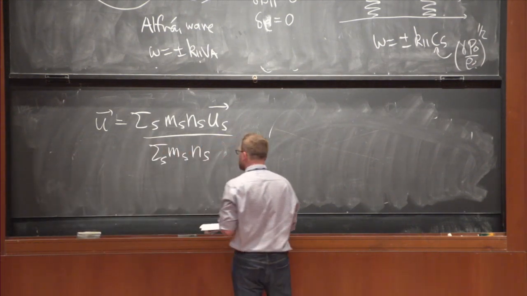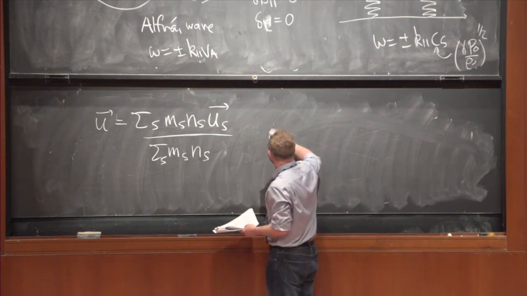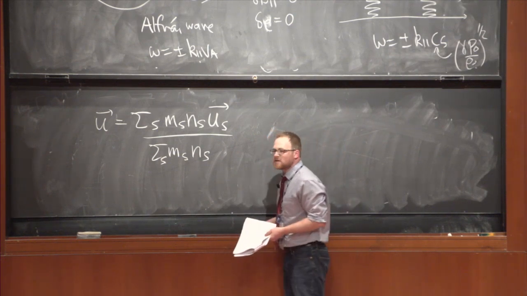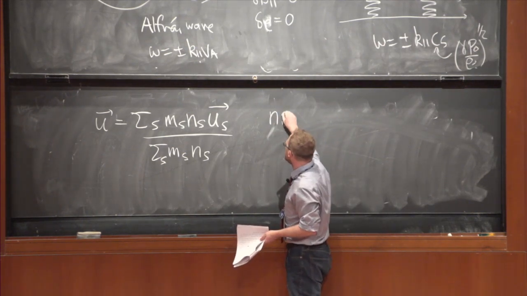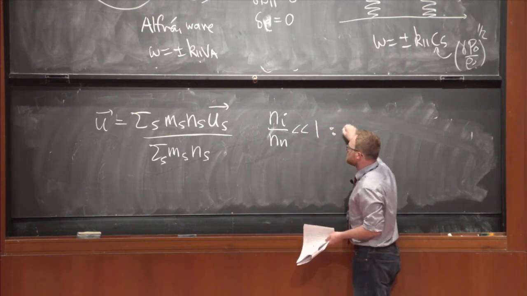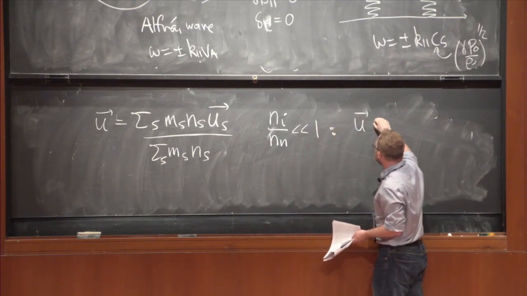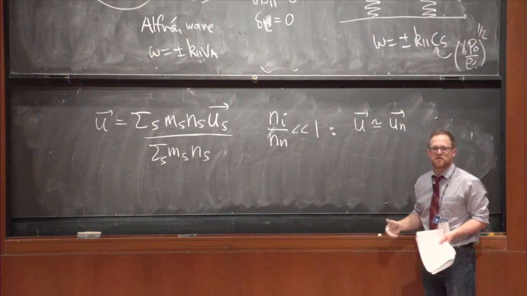Now, this can get really tricky for a number of reasons. One is, suppose the degree of ionization in your plasma was small, so the number of ions versus the number of neutrals was small, which means your fluid velocity is just your neutral velocity.